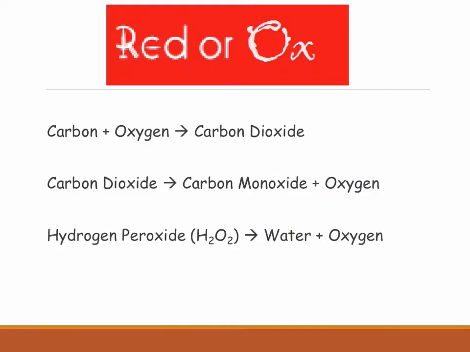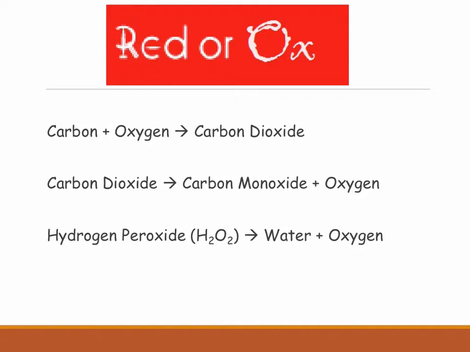Looking at the three reactions below, I want you to pause the video and decide whether these are examples of reduction or oxidation. For our first reaction, we have carbon reacting with oxygen to form carbon dioxide. Oxygen has been added to the carbon, therefore this is an oxidation. In the second reaction, carbon dioxide has broken down into carbon monoxide and oxygen.